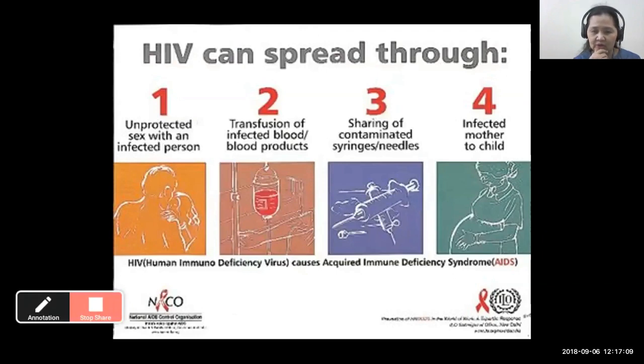So from having this HIV, which in your screen shows the ways of transmission. Next please.